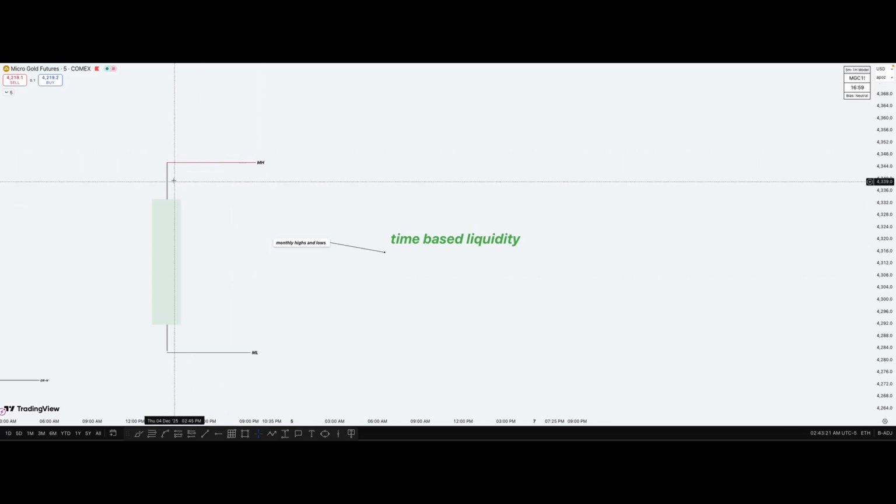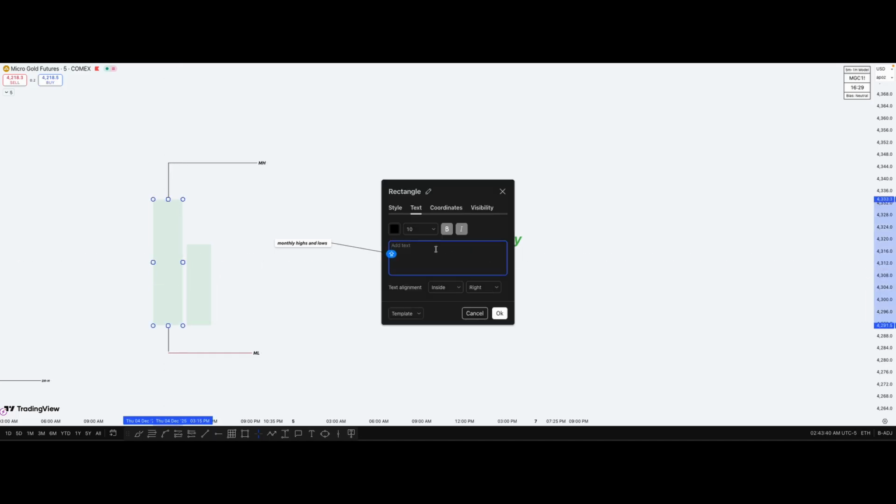So suppose we are trading a certain candle, right? If you're trading the second candle, then these levels are important. Look, if we are on the monthly chart, this is the first month's candle. Suppose this is October.